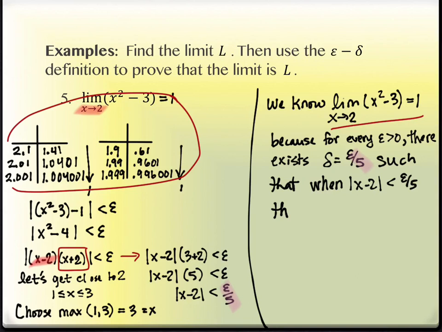Thank you. Then the absolute value of x squared minus 3 minus 1 is less than epsilon.